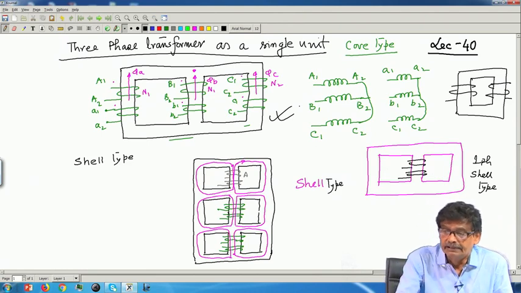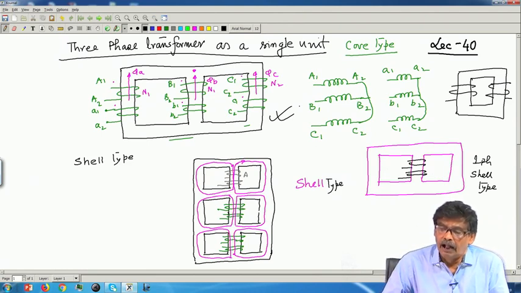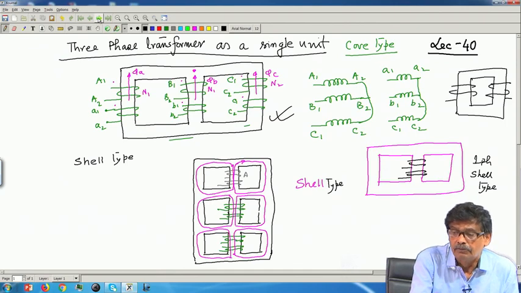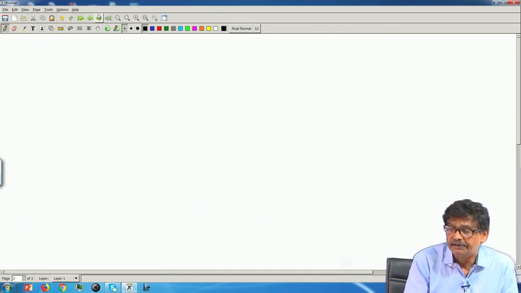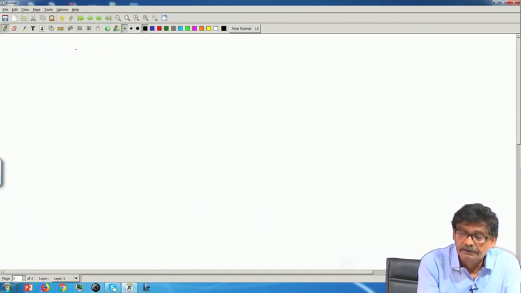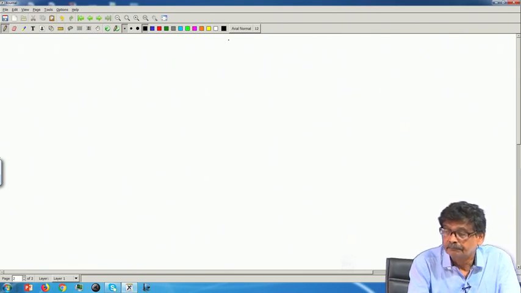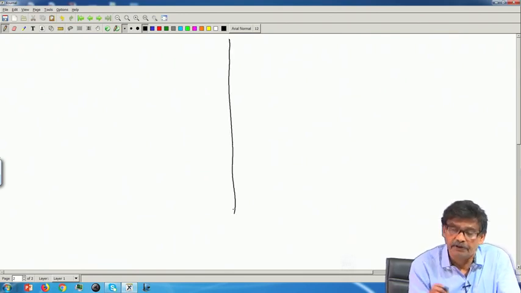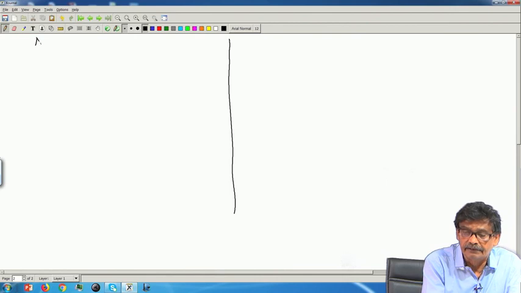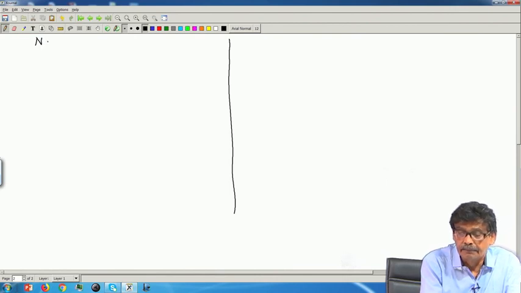Now, after telling this, I must tell what about the nameplate rating of a 3 phase transformer unit. I will draw a vertical line and write like this.